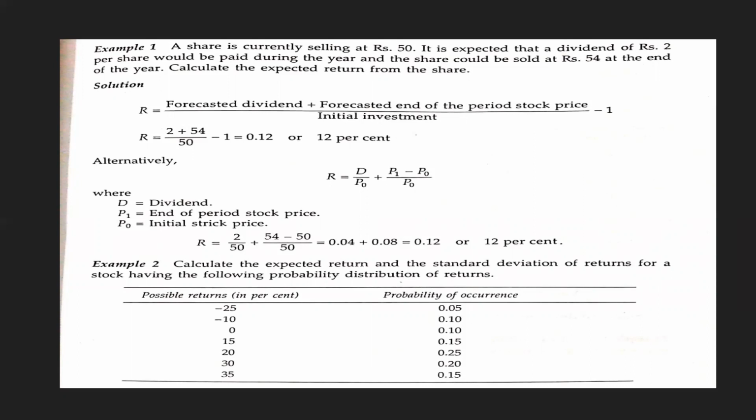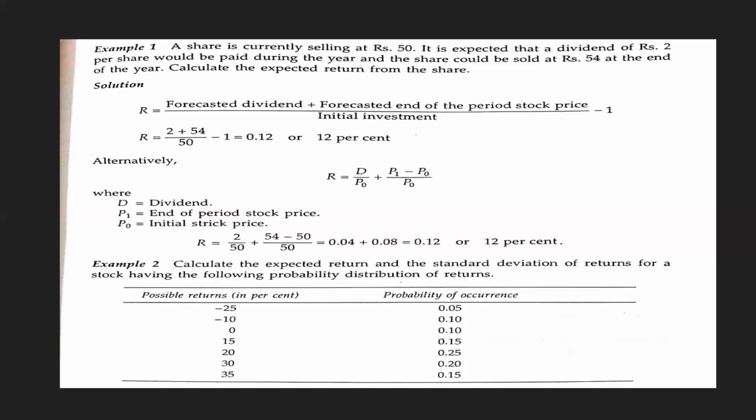Now we could apply the other formula also, where we calculate the dividend divided by the initial price, plus the price change, that is the end of the year price minus the beginning of the year price, divided by the beginning of the year price. So 2 by 50 plus 54 minus 50 divided by 50, which will also give you the same result, 0.12 or 12%.